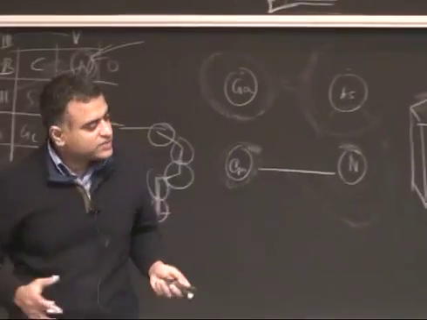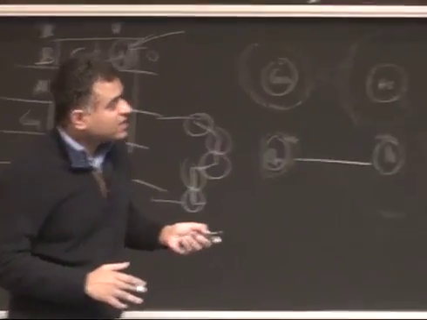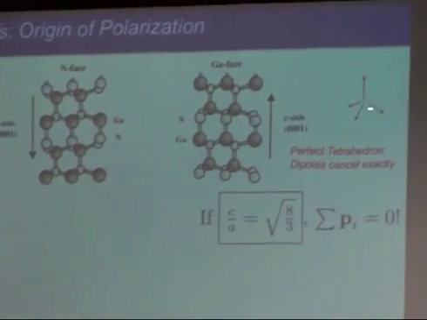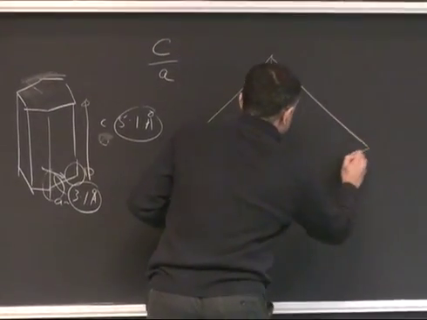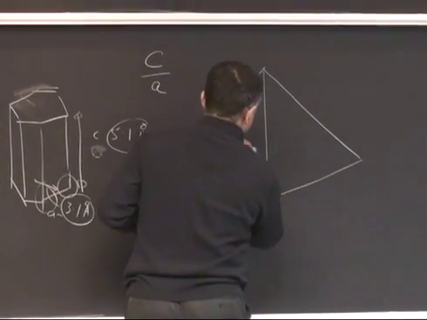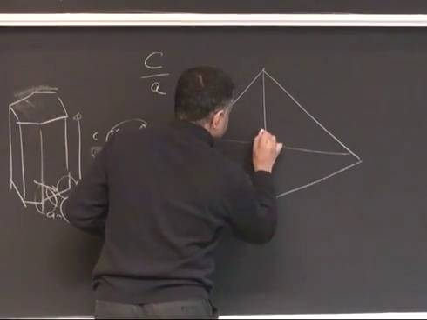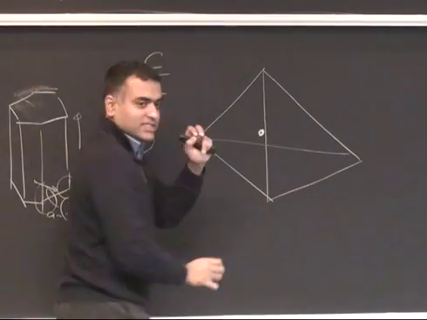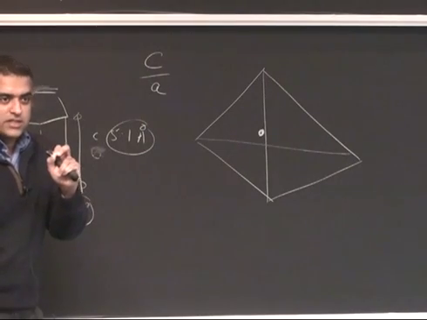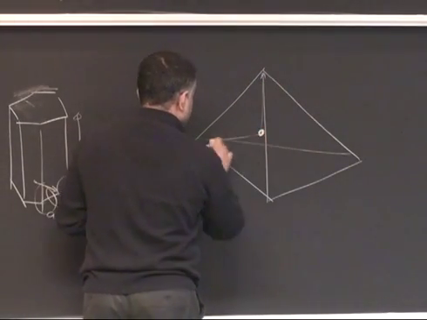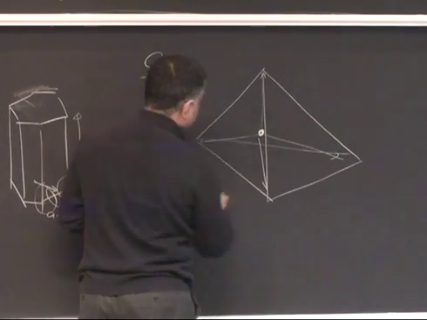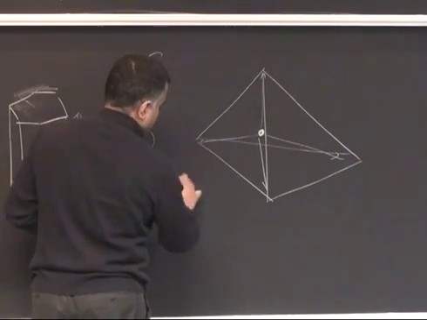If that were the case, then all the 4 dipoles form a tetrahedron, and the gallium atom, let's say, sits inside in the middle, which is the centroid of the tetrahedron, if it is ideal. There is a dipole pointing that way, that way, that way, that way, and you vector sum these 4 dipoles, right?